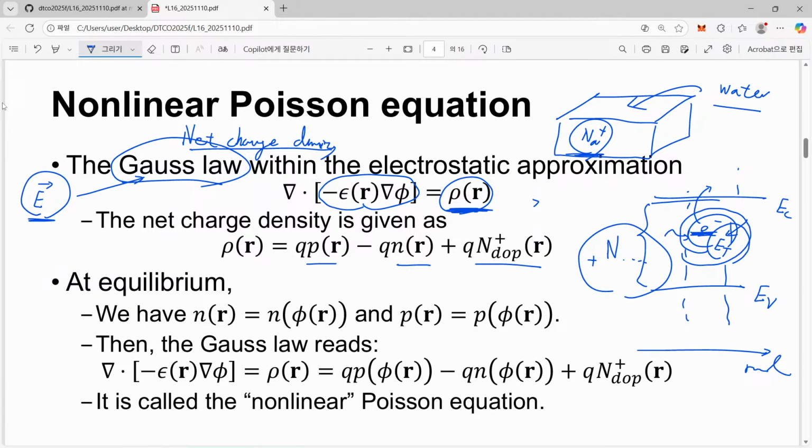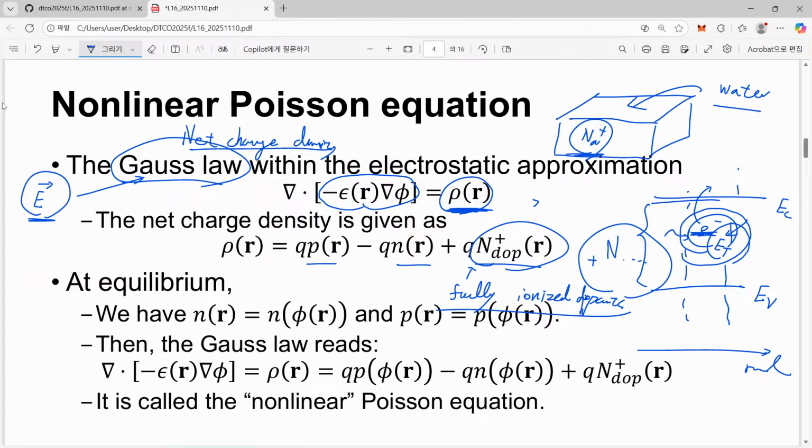In this case, what is the difficult one and what is the relatively easy one? We treat this doping density as the easier one under the assumption of fully ionized dopants.